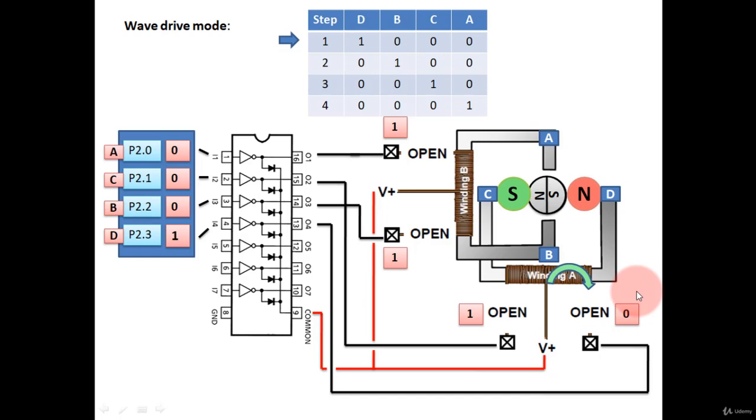Let's see what will happen if we pass the first step sequence to the stepper motor. As you can see here, we are passing the first step sequence 1 0 0 0. If you pass logic 0 to an input pin, the corresponding output pin of ULN2003 will provide logic 1.